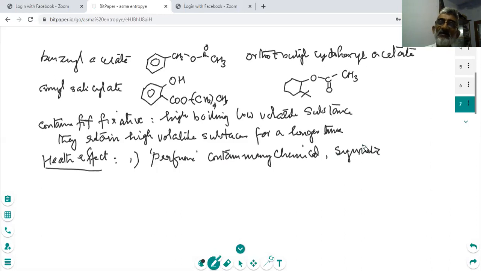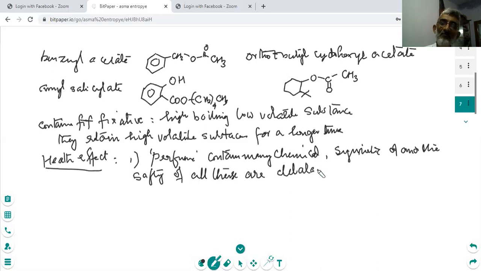And the safety of all these chemicals are debatable. Means maybe the safety is not completely proved.